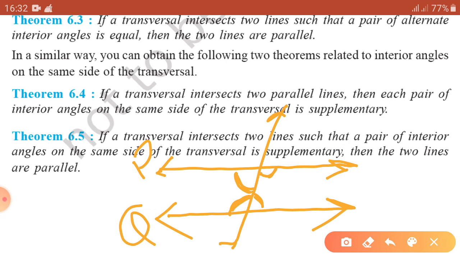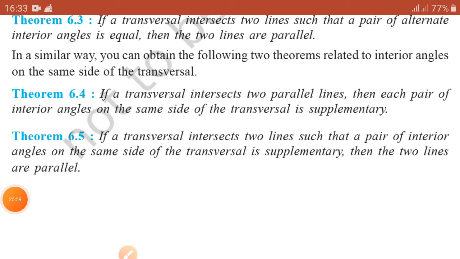Now theorem 6.4 says that if a transversal intersects two parallel lines, then each pair of interior angles on the same side of the transversal is supplementary. Here, supplementary means that if the sum of two angles is 180 degrees, then we say the angles are supplementary.